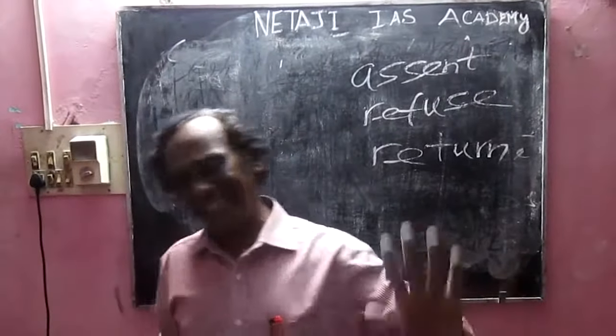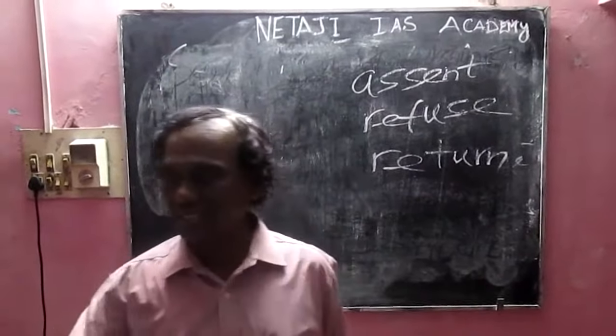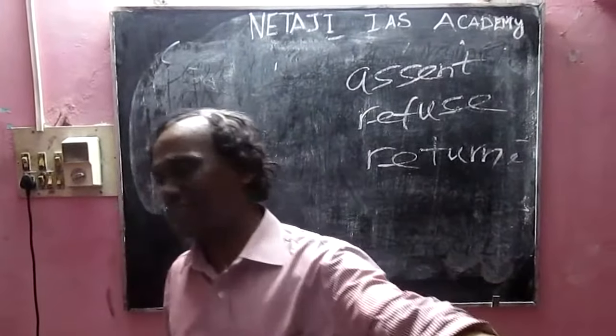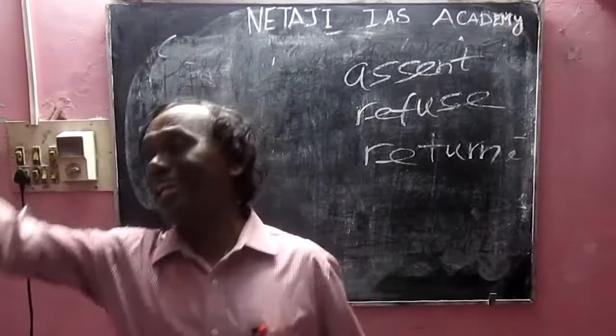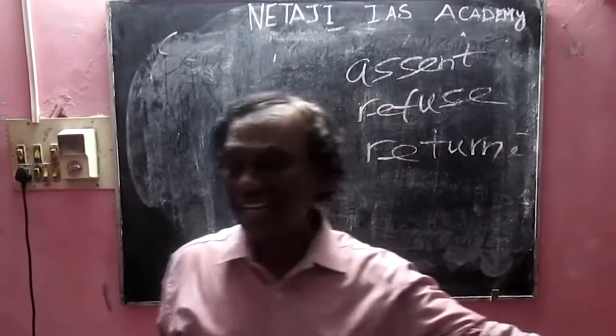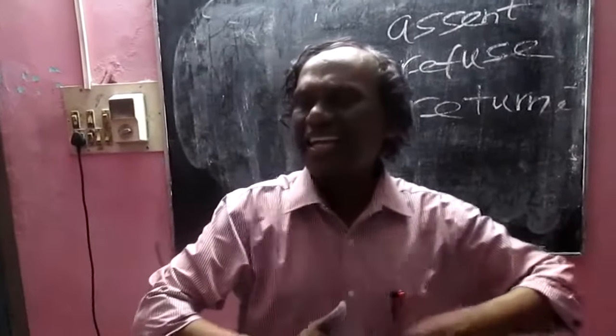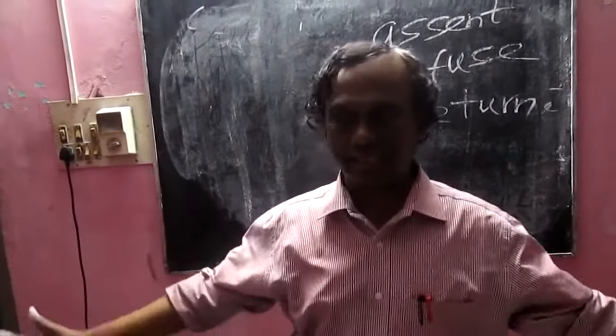The President cannot refuse to assent money bills, constitutional amendment bills, and reconsidered bills.